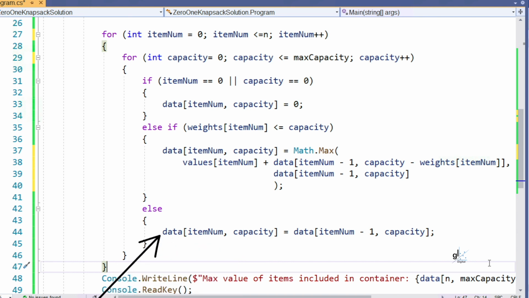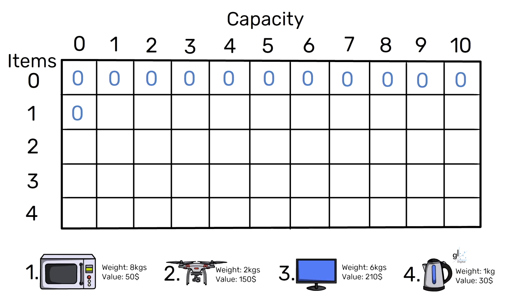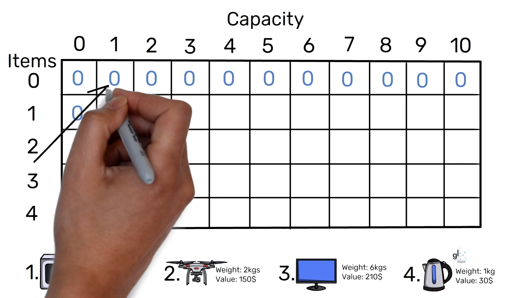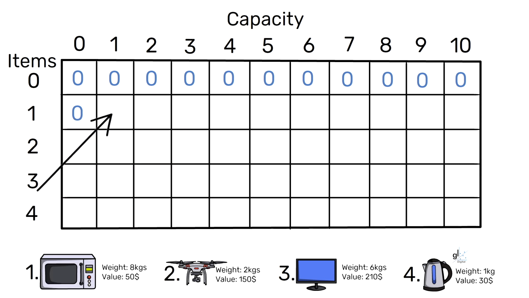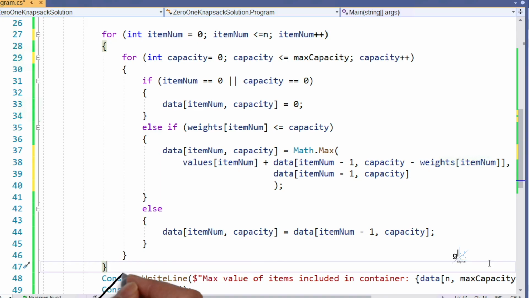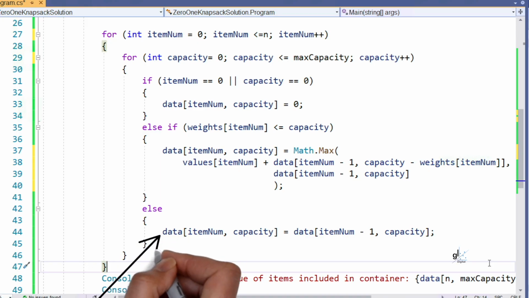So in this case, we can insert the value stored in the cell directly above the cell that is currently being considered into this cell, the cell that we have just considered. This depiction, of course, analogously represents the appropriate value being recorded at an appropriate position in the two-dimensional data array. You can see that the code within the else block implements this functionality.